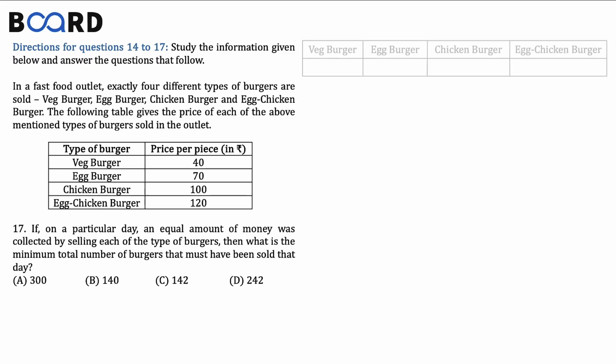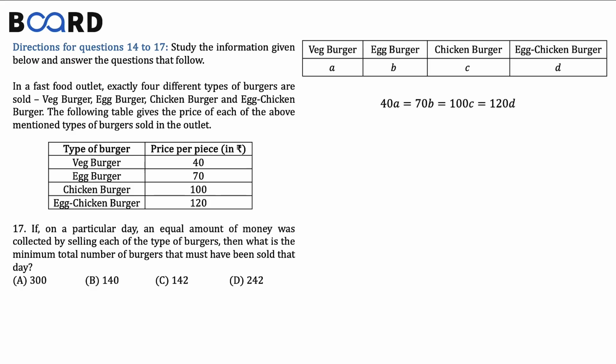So let's say number of veg burgers sold is A, egg burgers B, chicken burgers C, and egg chicken burgers D. Let's consider these to be the total number of burgers sold, which means 40 times A, 70 times B, 100 times C, and 120 times D.